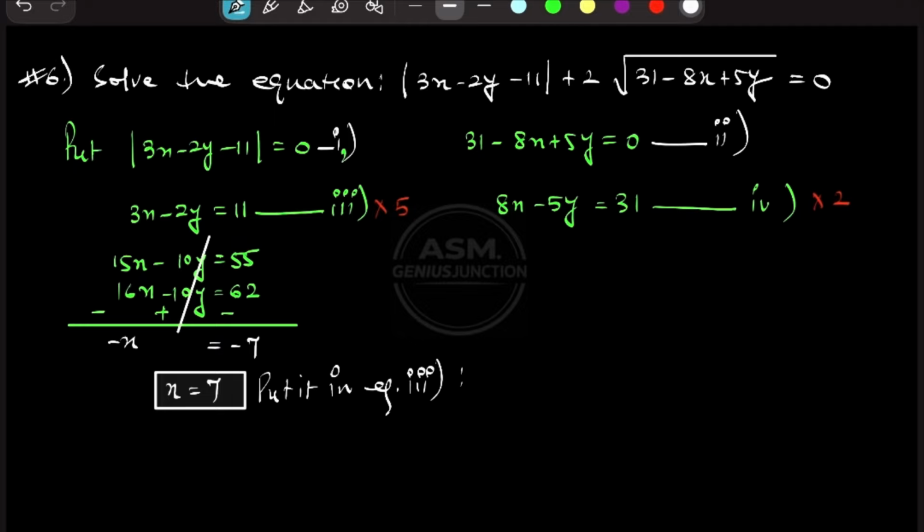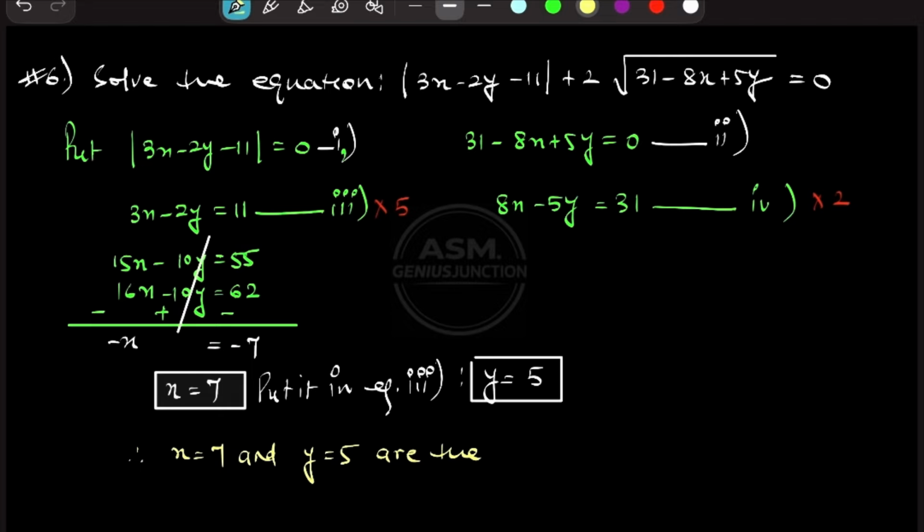And when we put it in equation third, we get y equals 5. Okay, so final step, therefore x equals 7 and y equals 5 are the solutions for the given question.